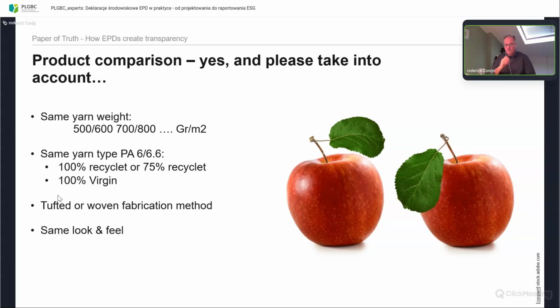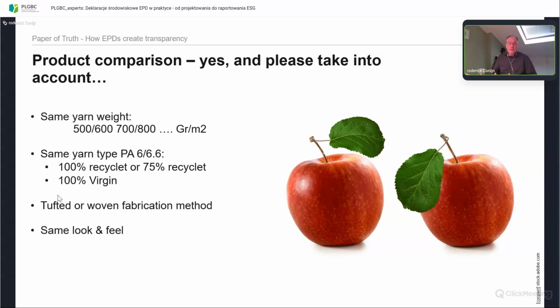Within the branch, it's agreed upon that a carpet tile between 500 and 600 grams, or 700 to 800 grams, is an apple-to-apple comparison, because the difference within a bracket of 100 grams is so small that you can compare them together.